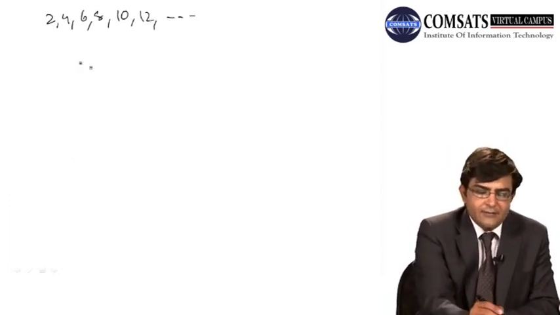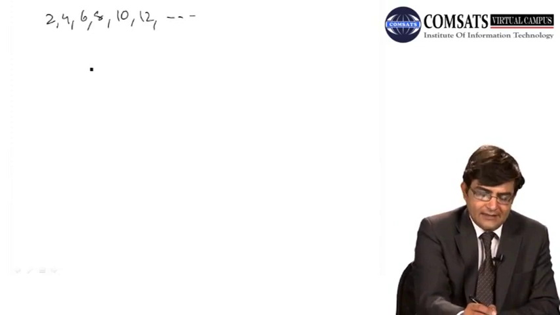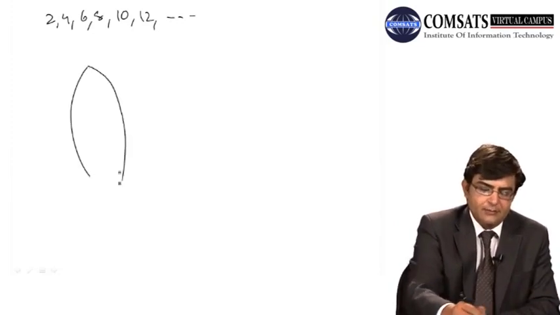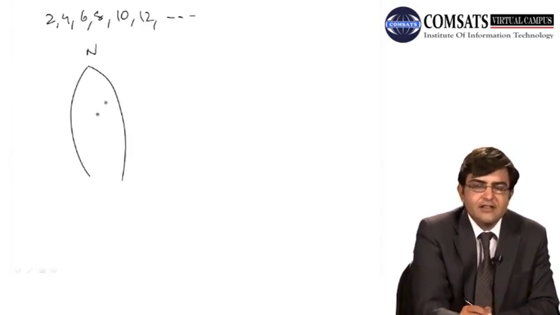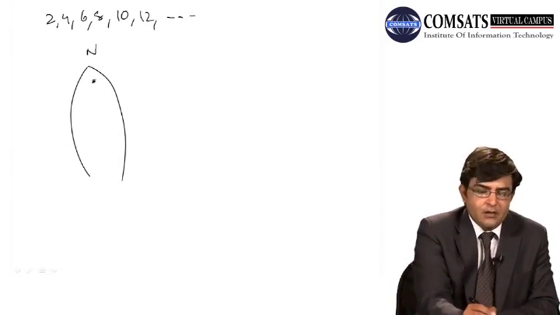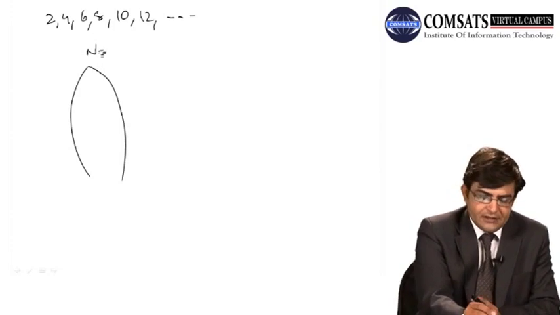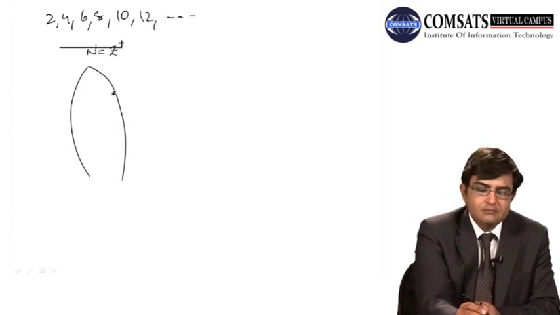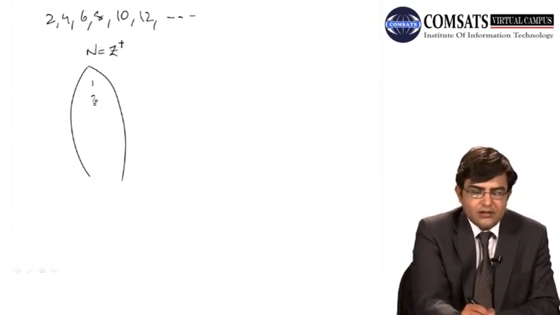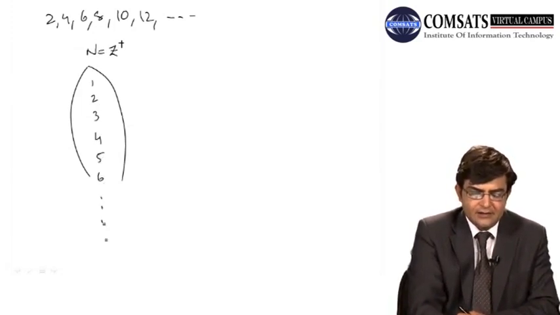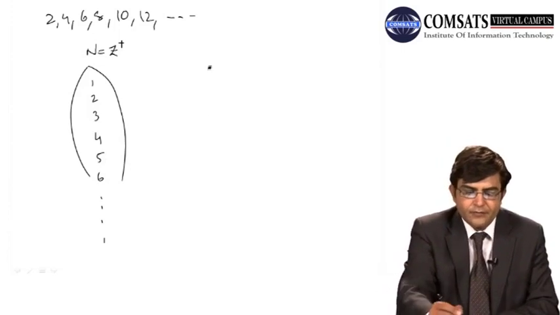Now if we take the set of natural numbers as a domain, or you can say the set of positive integers Z plus, then this set contains 1, 2, 3, 4, 5, 6 and so on up to infinity.